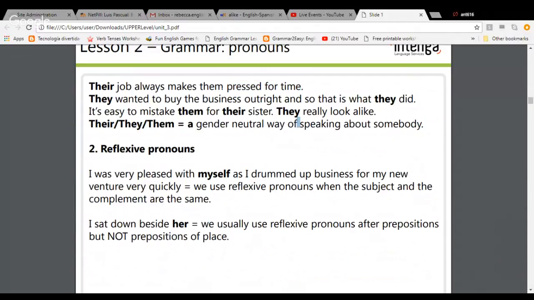So we have that. And then, okay, it says they wanted to buy the business outright. And so that is what they did. Can you explain "outright"? Do you know what that means? Outright sounds like copyright. It does, but it's not the same.